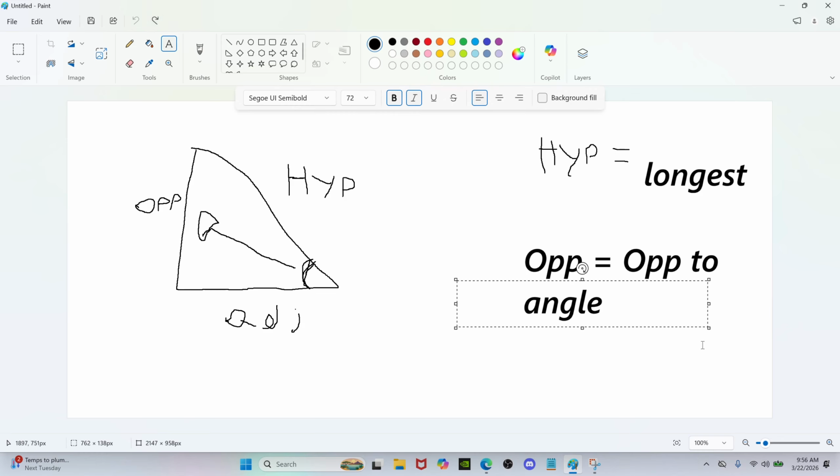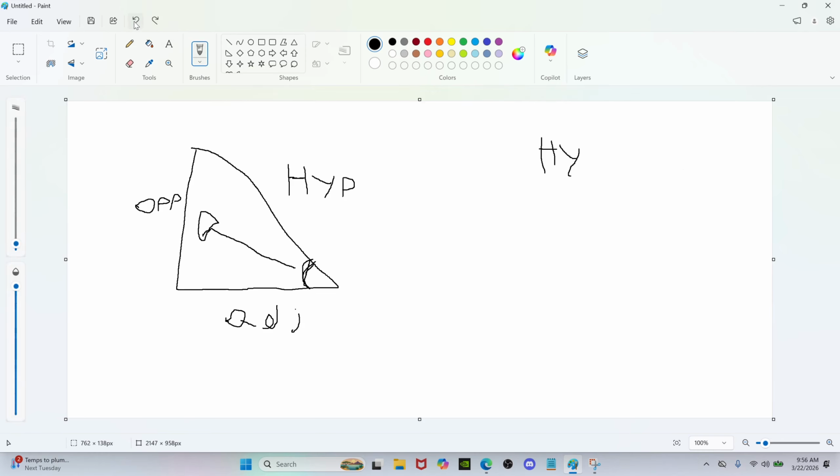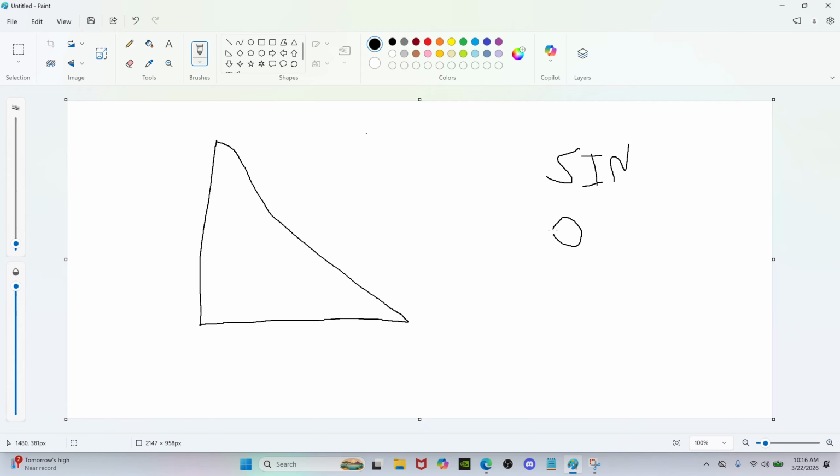And now, I'm going to be showing you how to solve regular right triangle trigonometry problems. So, let's draw a right triangle. And we are dealing with sine here, or SOH. So we know in terms of division that this is going to be opposite divided by the hypotenuse.